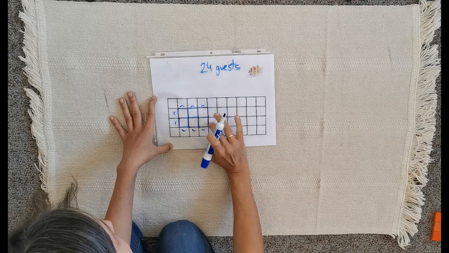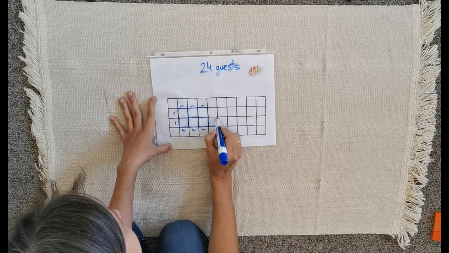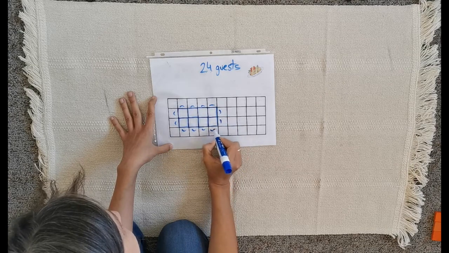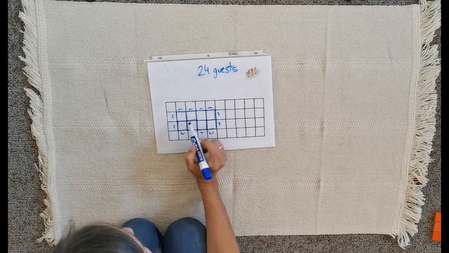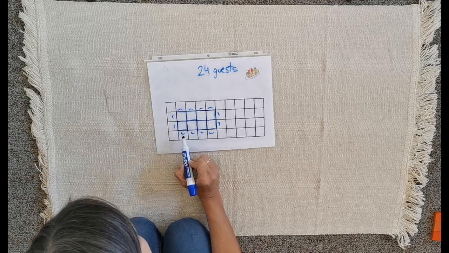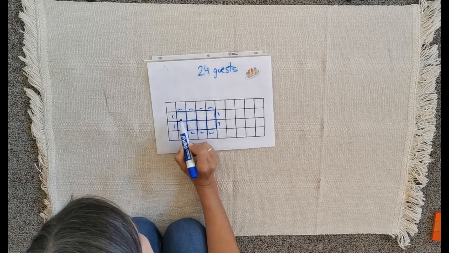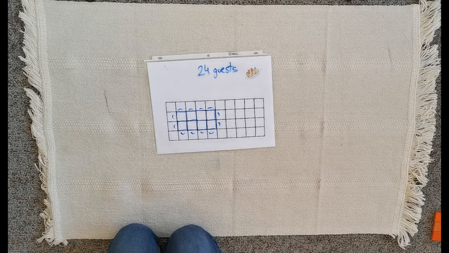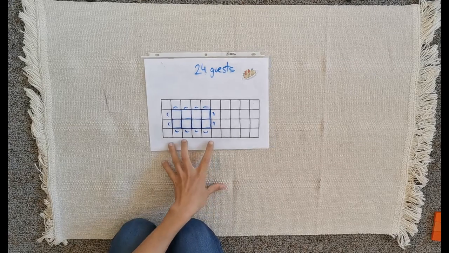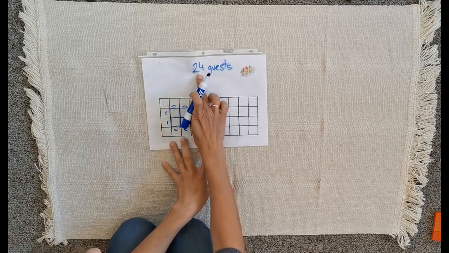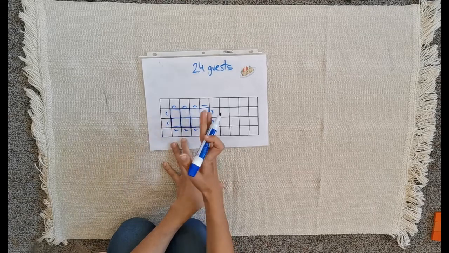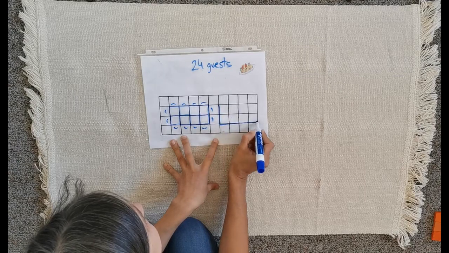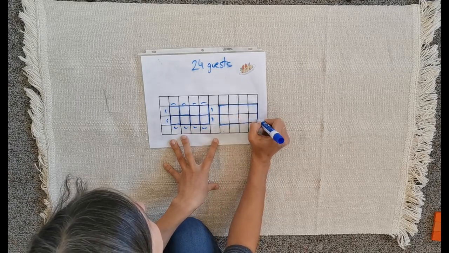Okay, let's think about a different thing. Imagine that this is table number 1. Here I have 4, 8, 10, 12 guests. I have an idea. Because I need to fit 24 and 12 is half of 24, I'm going to build another table exactly like that.